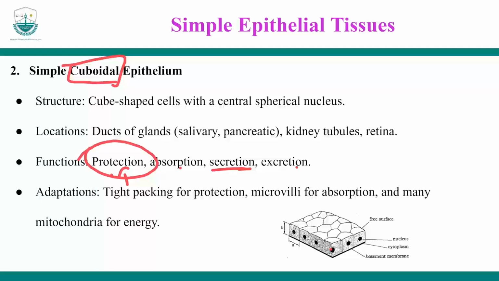They can also have what we call microvilli on the apical surface, and these microvilli are very important for absorption.